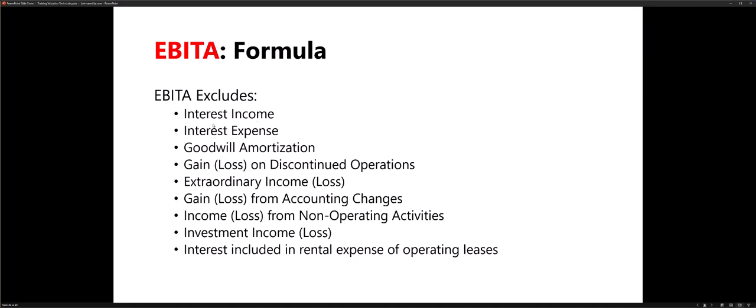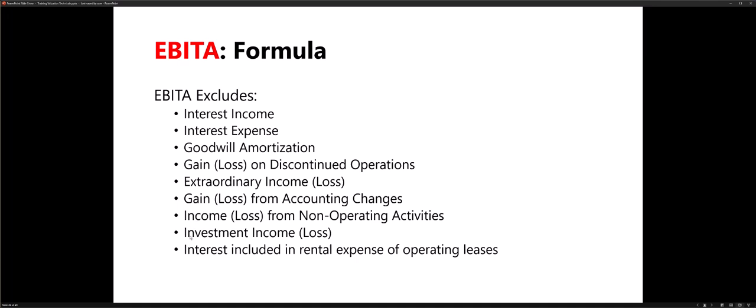We're not in the business of lending out money or borrowing money. You exclude the goodwill amortization, and gains and losses on discontinued operations. These are just examples. Each company is different and might have different examples, but I'm going to mention some that are very common.